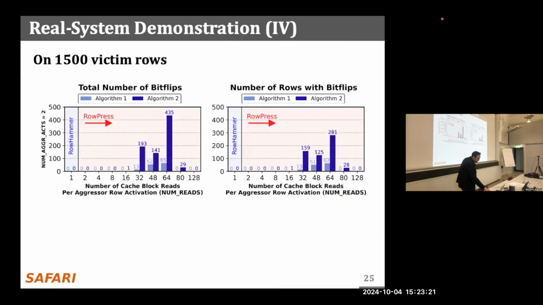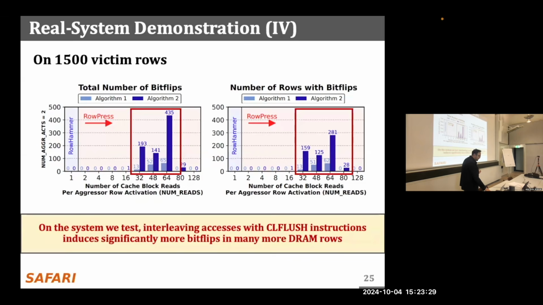As a result, you can induce even more bit flips. It's important to see that you can induce bit flips, but it's also important to say that when you play with your code a little bit more, you can improve it. So there is some headroom for improvement.